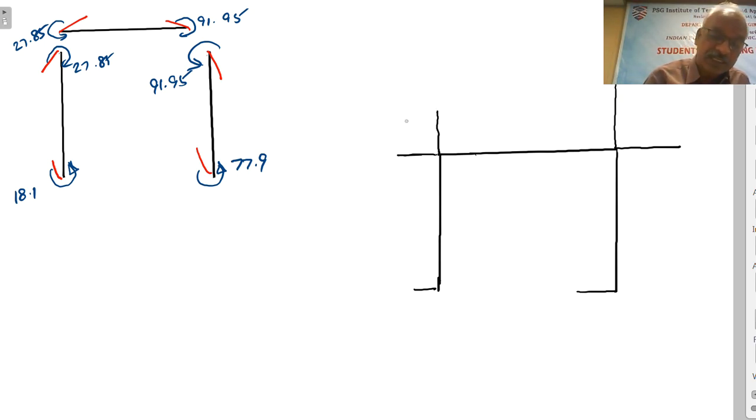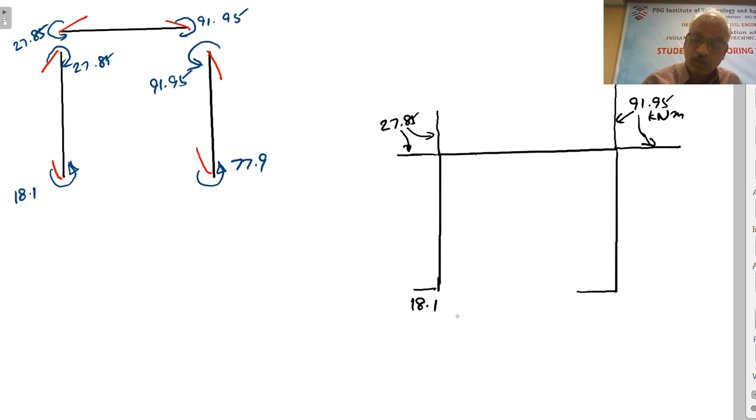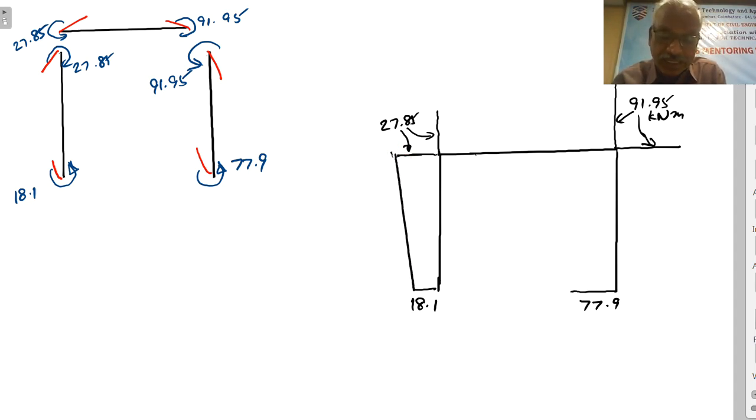So this is 27.85, this is also 27.85, 91.95 kilonewton meter moments. This is 18.1. This is 77.9. So this is about the support moments, the support moment diagram.